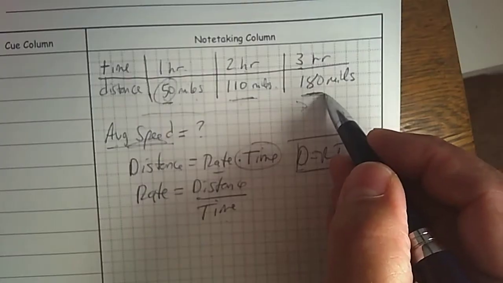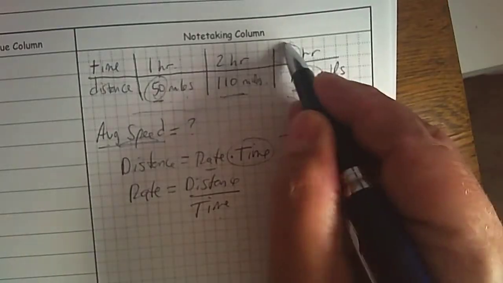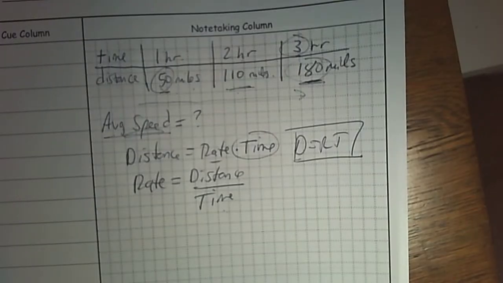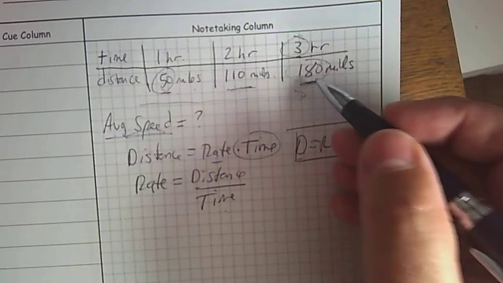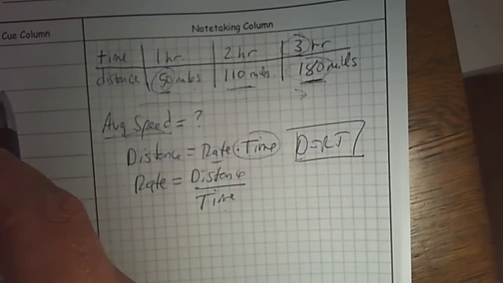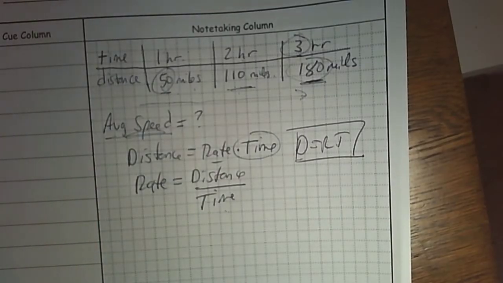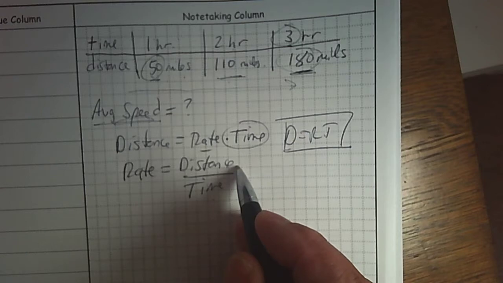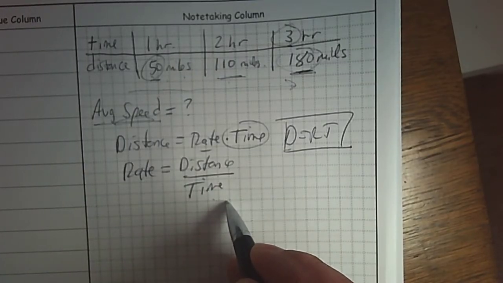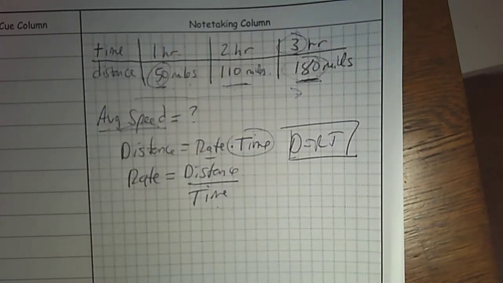And then for the whole trip, the distance divided by the time it took, 180 divided by 3, and you get 60 miles per hour. Now, when I find that, that doesn't mean you're going 60 miles per hour the whole time. That means sometimes you might be stuck in traffic. Sometimes you might be going like 75 miles per hour. Sometimes you might be going 40 miles per hour. It changes consistently. But on average, over the whole trip, it took 180 miles, and the time it took was 3 hours. Simple, right? That is basic algebra.